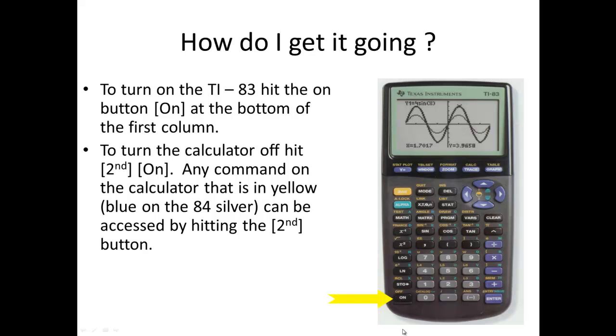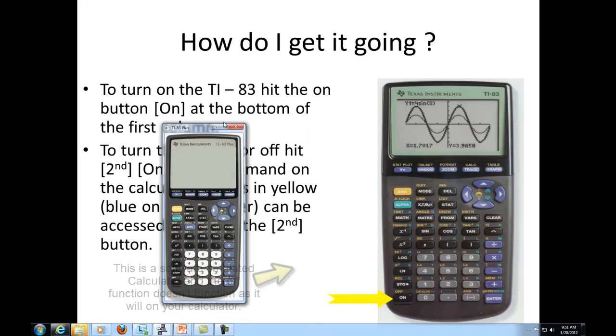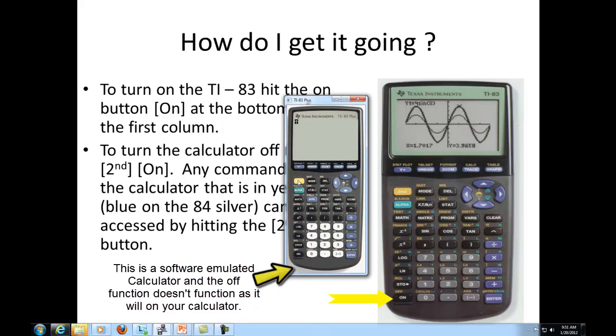Well, that's a code to tell you that the command that is just above this key right here is accessed through a sequence by hitting second and then the button. So, for example, here, if we turn the calculator off, we're going to go second and then off. So let's go ahead and do that. Second and off. Oop, calculator didn't go off on me.